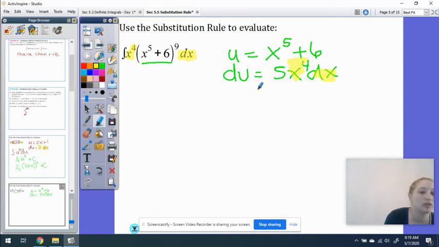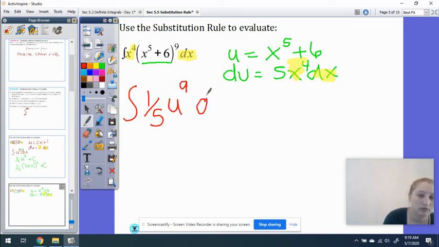Okay, so since I'm missing the 5, what that is telling me is that when I set up my integral using u instead of the x's, I need a 1/5 to counteract this 5. Okay, so I need a 1/5. All right, so we're going to say 1/5 u to the 9th du.